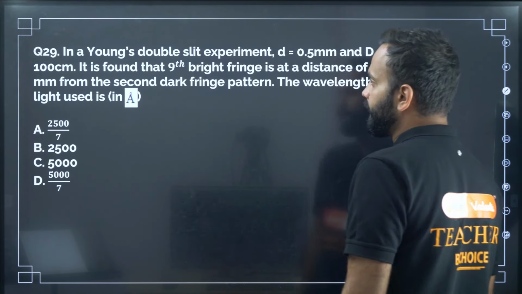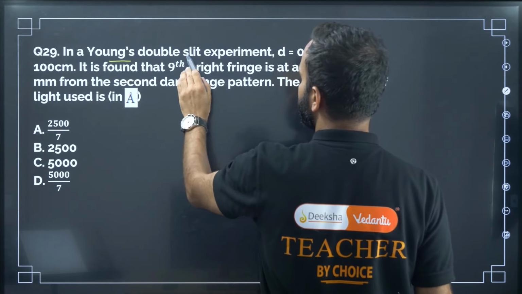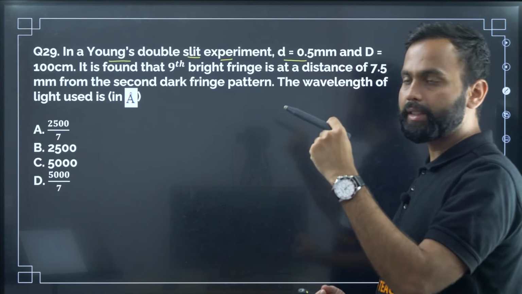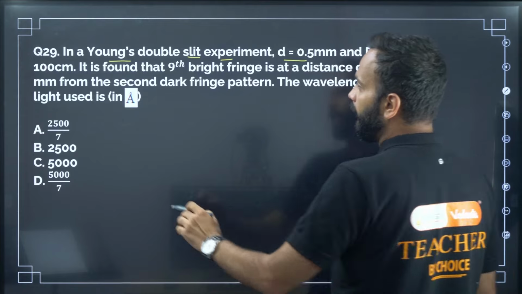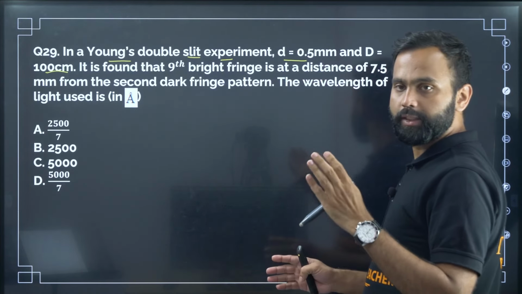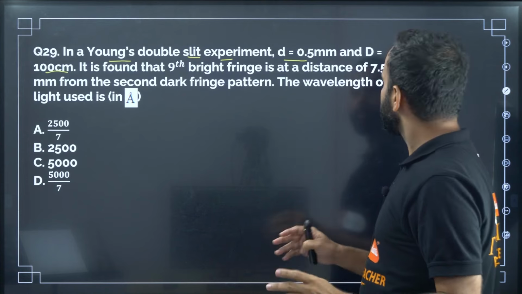Question number 29. In a Young's double slit experiment, d equal to 0.5 millimeter, that is, the slit width is 0.5 millimeter, and capital D equal to 100 centimeter, that is 1 meter. Capital D is the distance between the slits and the screen.